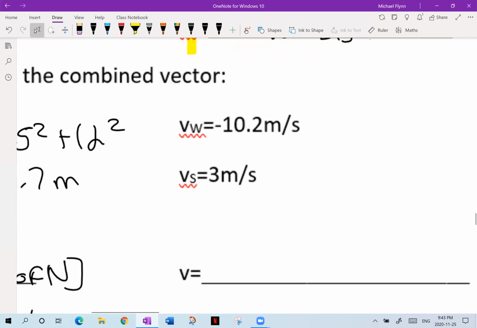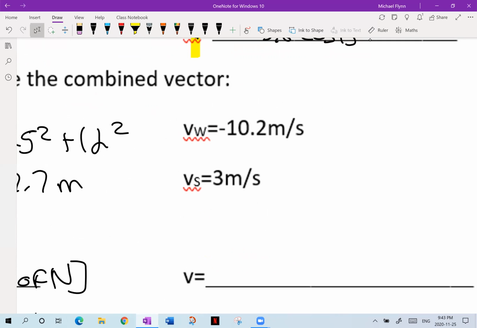Now, by the way, if you have a negative component, like if you look at this vector, it's negative here, you have to change it to positive, okay? So I'm going to write, therefore, the east, because west here is negative, that must mean east is positive. So I'm going to write east equals 10.2 meters per second.